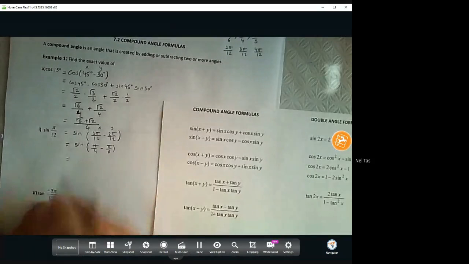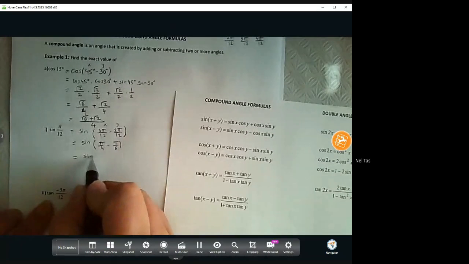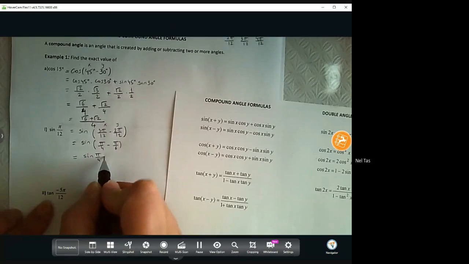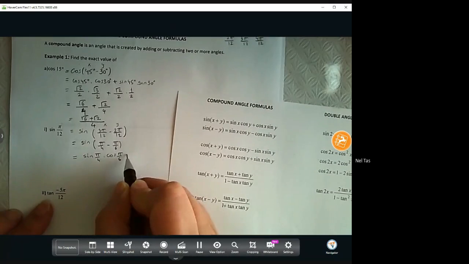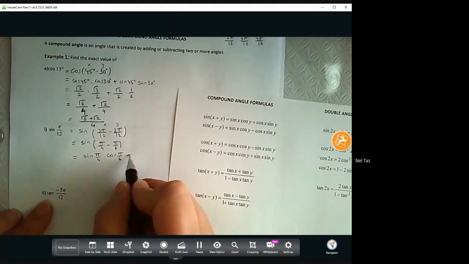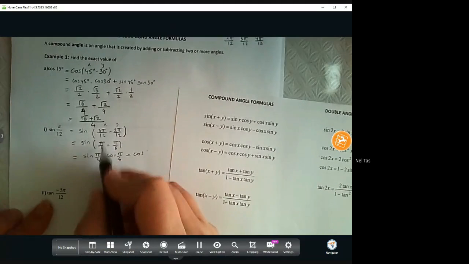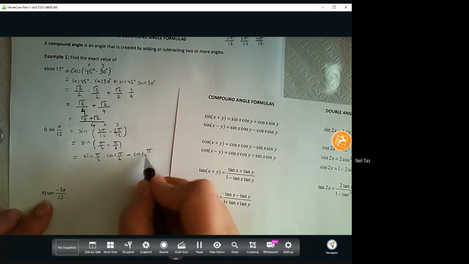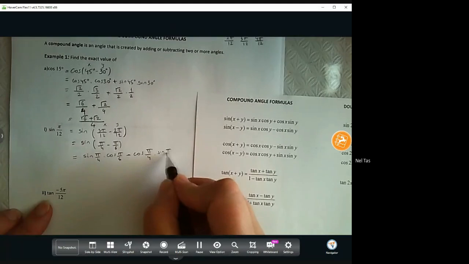So sine x, sine pi over 4, times cos y, cos pi over 6, minus cos x, which is pi over 4, times sine y, sine pi over 6.